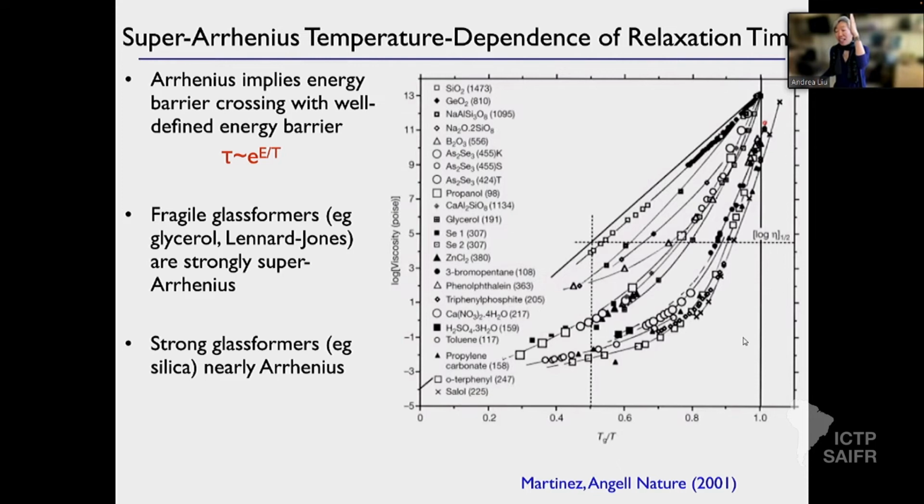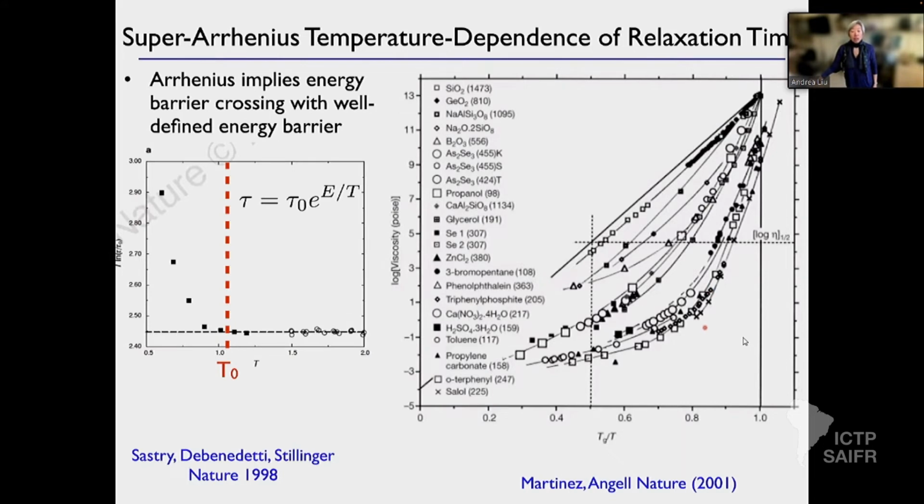There are actually strong glass formers. Those tend to be network glasses like ordinary window glass, and tend to be nearly Arrhenius in their behavior. But most molecular glasses are strongly super Arrhenius. So this is what I mean by the onset of super Arrhenius behavior.